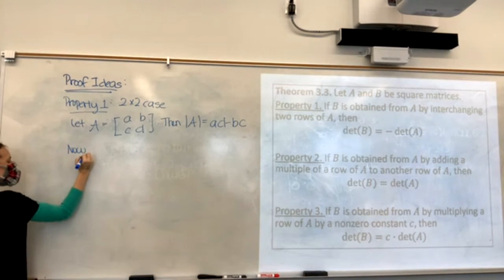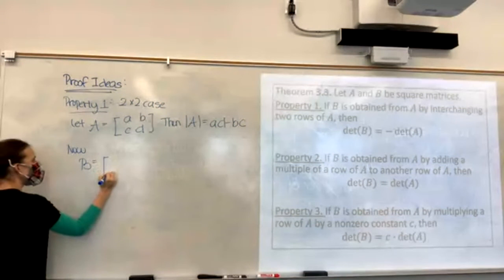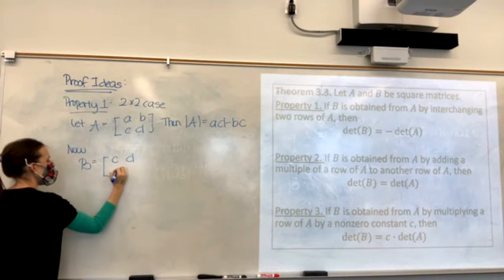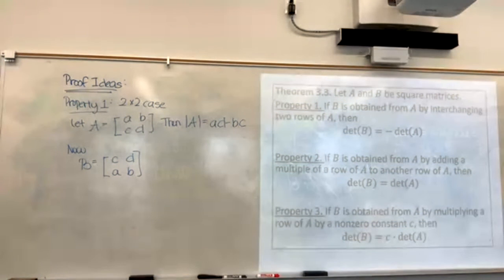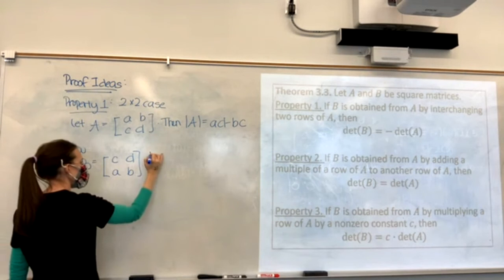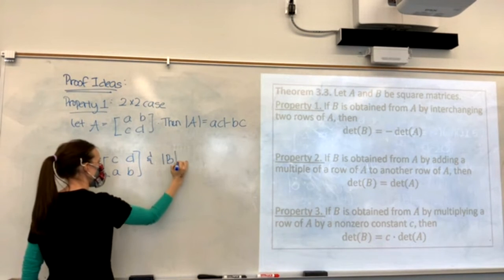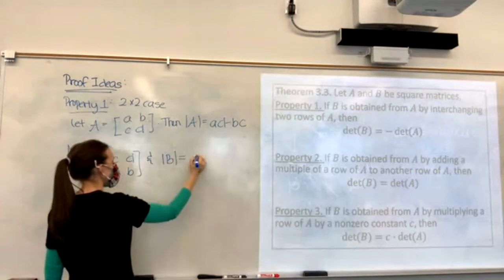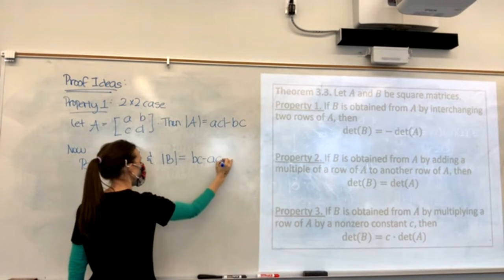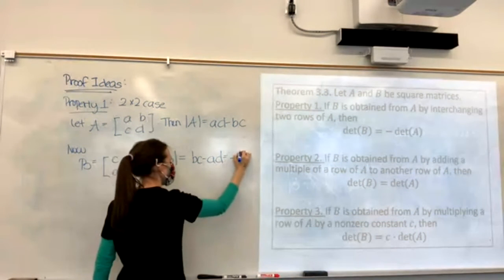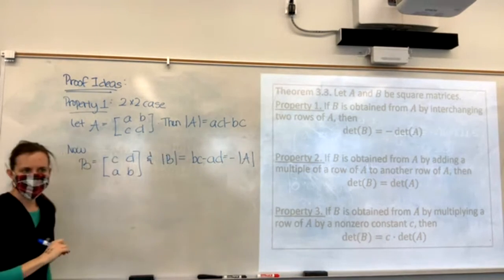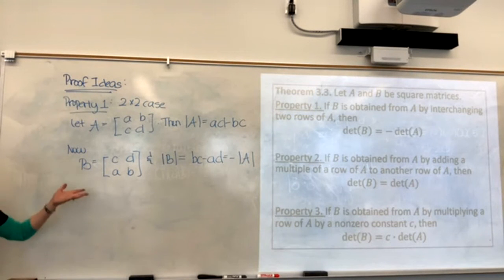Now if I swap the rows in A, that gives me the matrix with rows c, d and a, b. The determinant of B is bc minus ad, which is the negative of the determinant of A. So that's the proof in the 2x2 case.